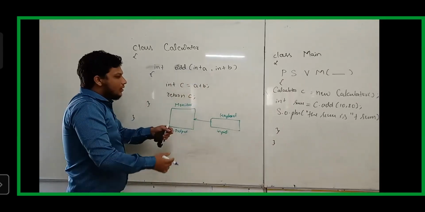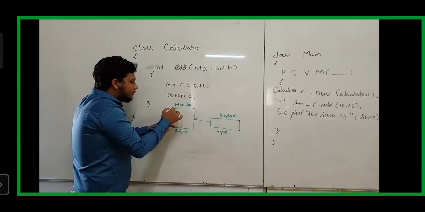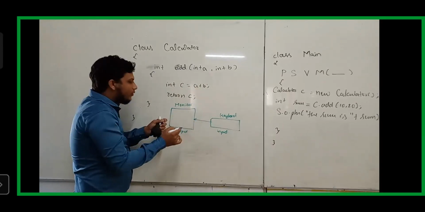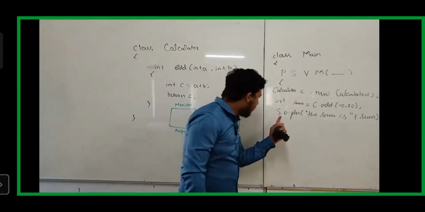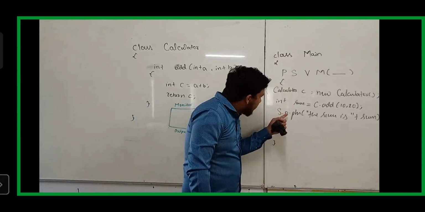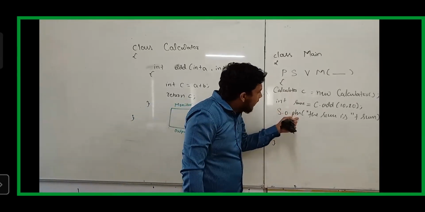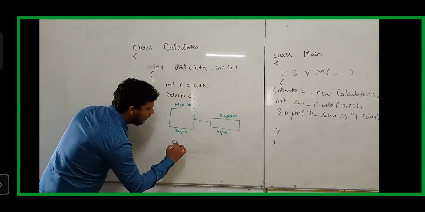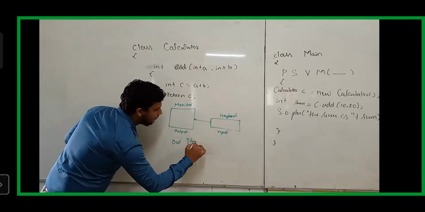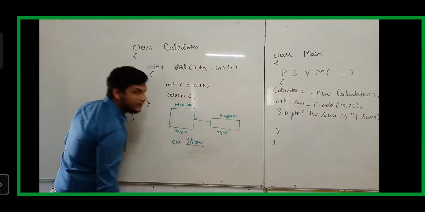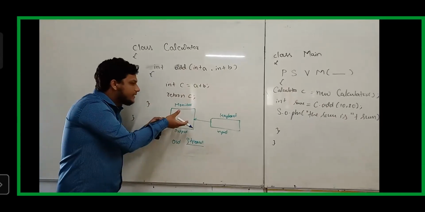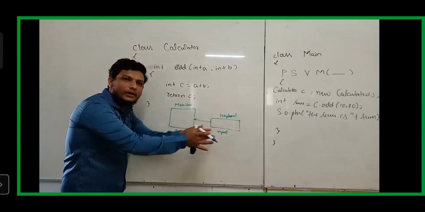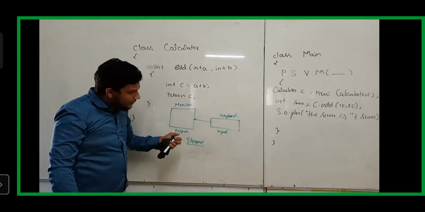Now I want to display the data. Then what do I do? I made use of something called the System class, made use of the output stream and printed the data. So I made use of the out stream, and whatever data was present here, it just displayed on the console. Now, what is required?